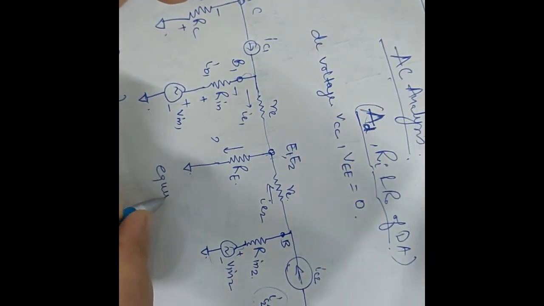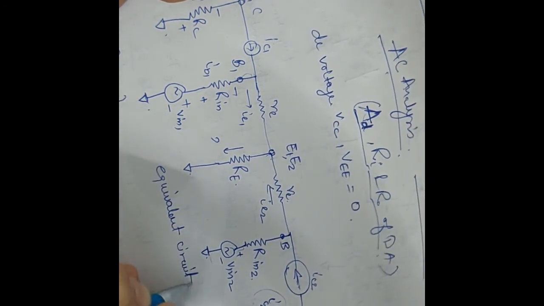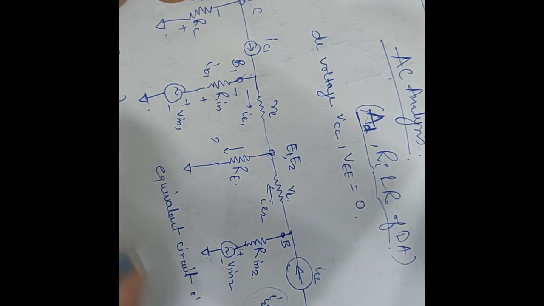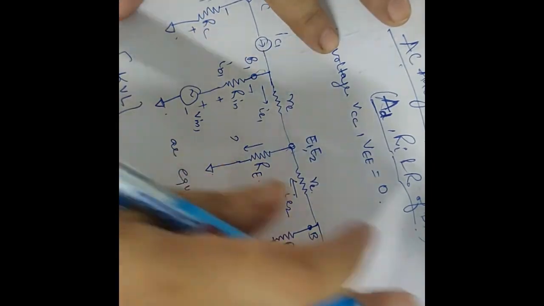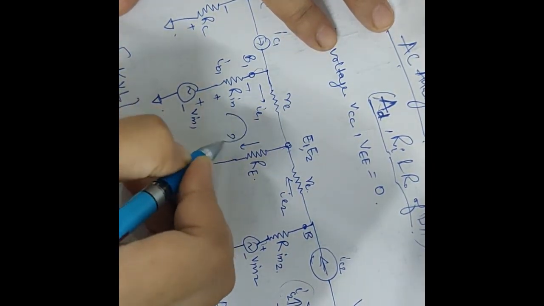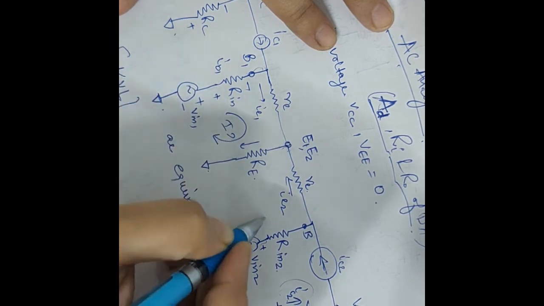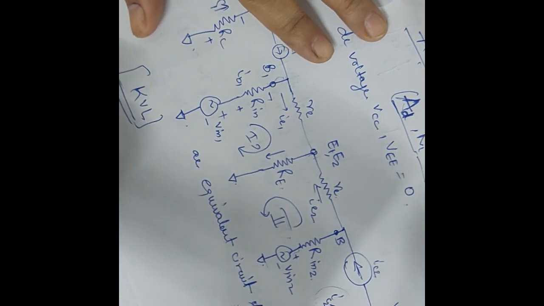This is the AC equivalent circuit of the dual input balanced output differential amplifier. Now we'll apply KVL through this loop. We'll consider this the first loop, and this the second loop. We'll apply the KVL at this first loop.